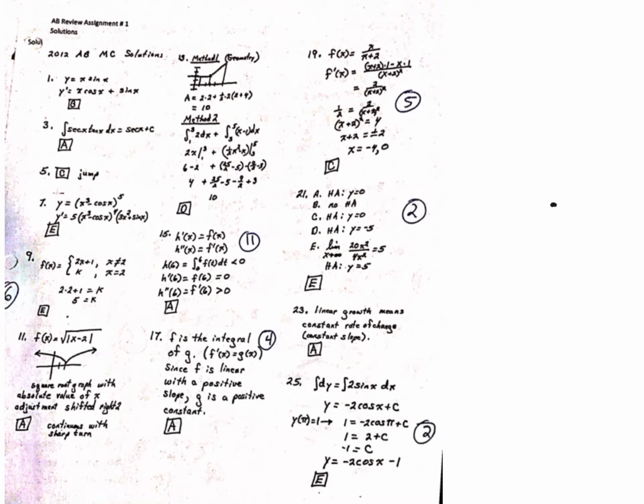And so with number 9, what we're looking at is one of those classic problems where you have a piecewise function and one of the problems has a k in it, and you have to solve for k that makes the function continuous at x equals 2.